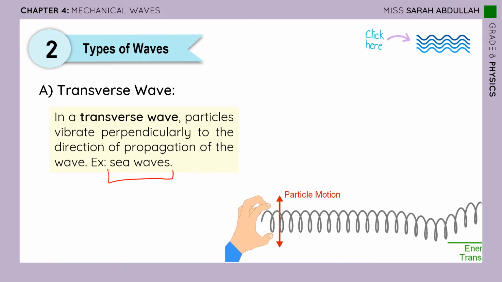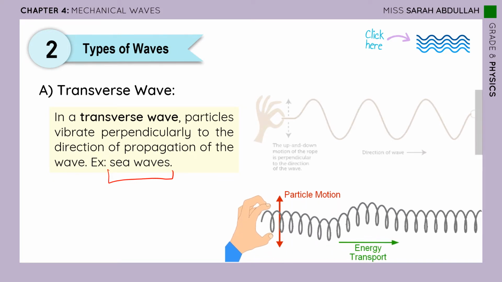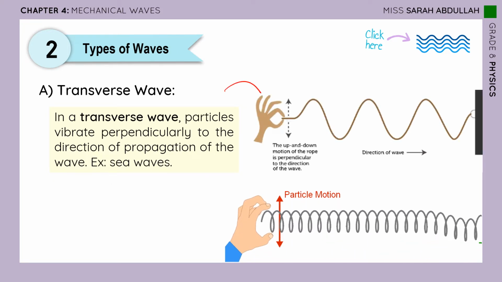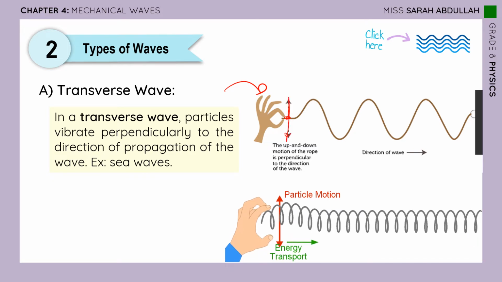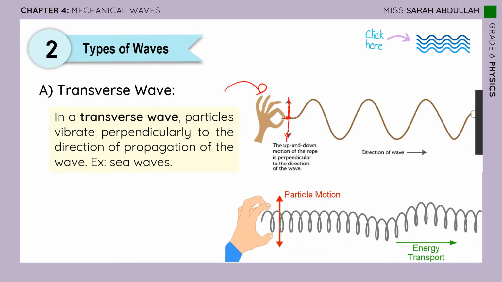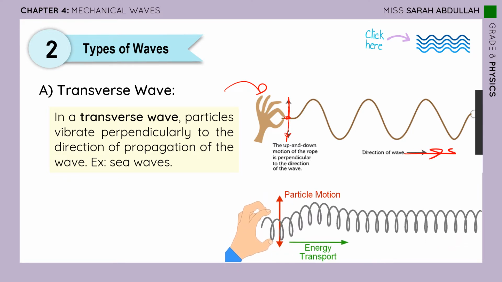These are all transverse waves. And this is a better explanation for it. You can hold the rope, and the up and down motion of the rope is perpendicular to the direction of the wave.